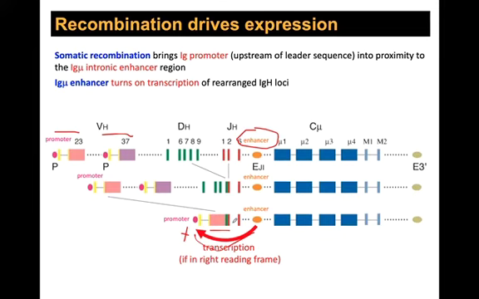Right, but that's only if it's in the right reading frame. How often is it in the right reading frame? How big is a codon? I'm sure you all remember from biochemistry. A codon is how many nucleotides? 3.